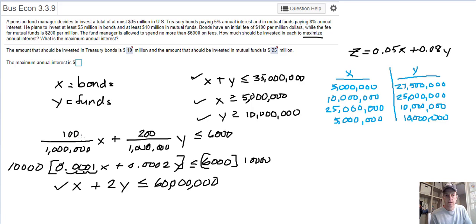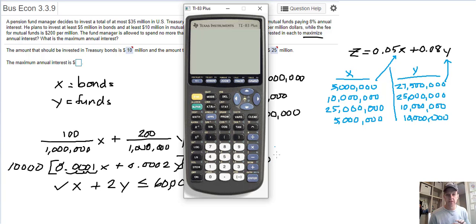All right, so I've copied over those values of those 4 points that were the corners of that overlapping region. So what you do now is you take 5 million and substitute that in here for x, and we're going to substitute 27.5 million in here for y, and see what that result is. At this point, I'm going to use the graphing calculator to demonstrate this. There's nothing really special about the graphing calculator for this.